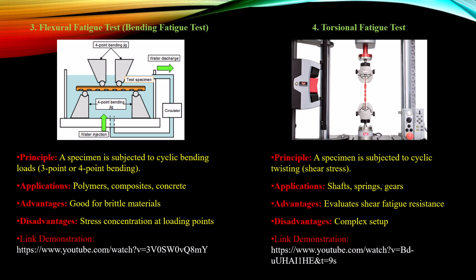The third point discusses the flexural fatigue test, also known as the bending fatigue test. In this method, a specimen undergoes cyclic bending loads, typically using a 3-point or 4-point bending setup. This test is commonly applied to materials like polymers, composites, and concrete.